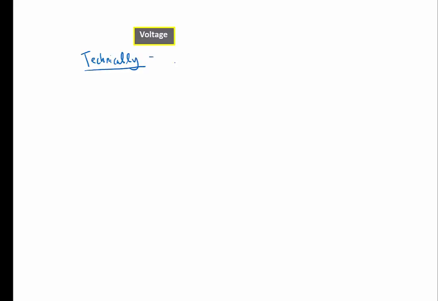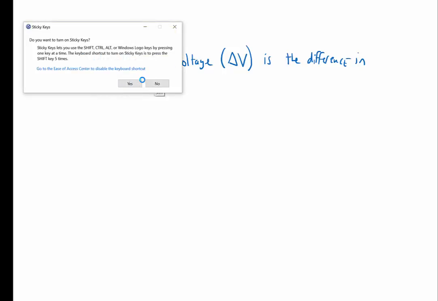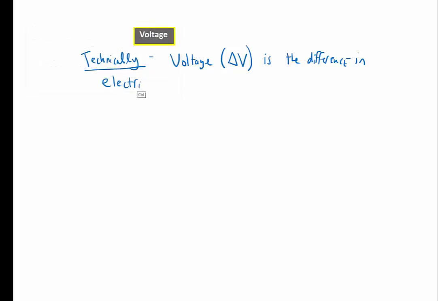Technically, voltage, and the symbol is delta V, is the change in, or the difference in, electrical potential between 2 points in a circuit. When I say circuit, I mean a continuous conducting path.